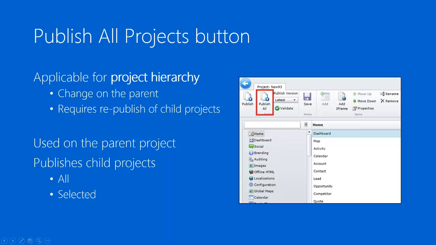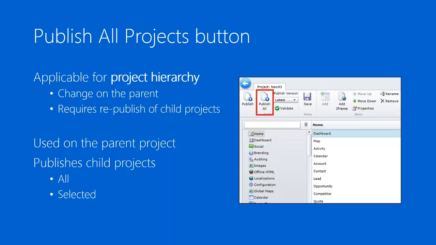And as I said, if you have tried the new Woodford, you will notice that there are now two publish buttons. One is for publishing the current project, and one is for publishing all projects. This is used for project hierarchy.